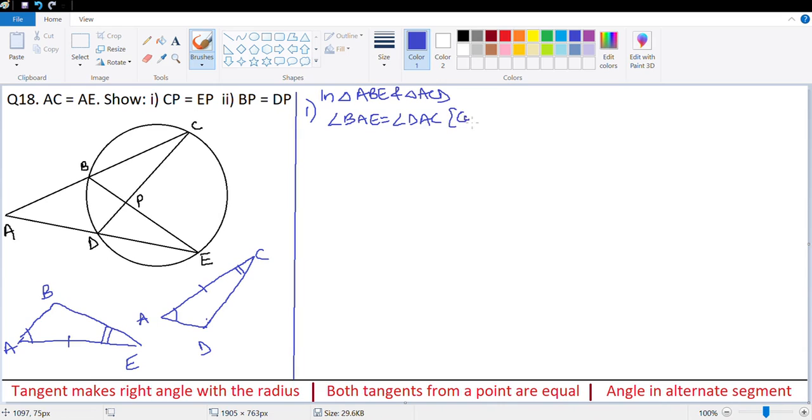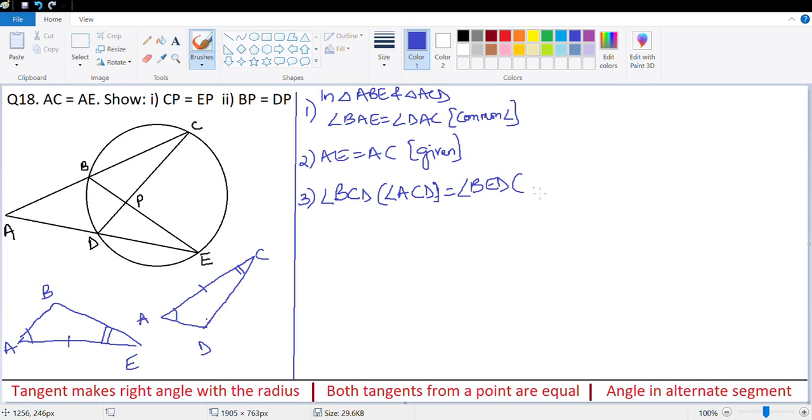This is the common angle to both the triangles. Point number 2, AE is equal to AC. This is given. And point number 3, angle BCD, which is equal to angle ACD, is equal to angle BED, which is equal to angle BEA.